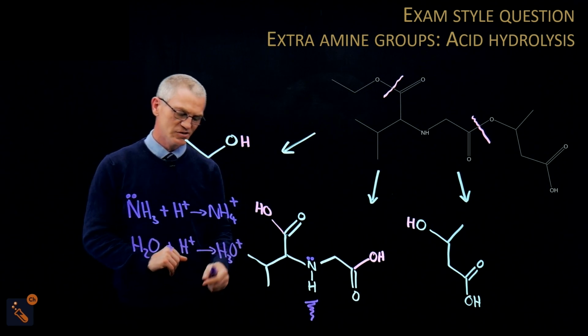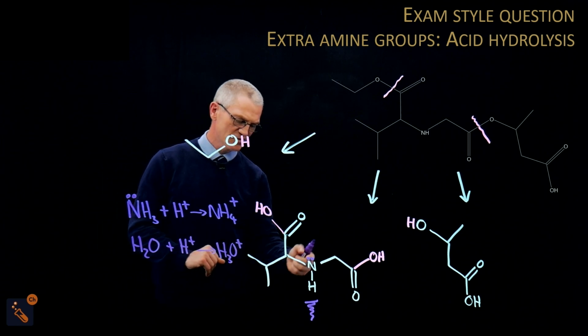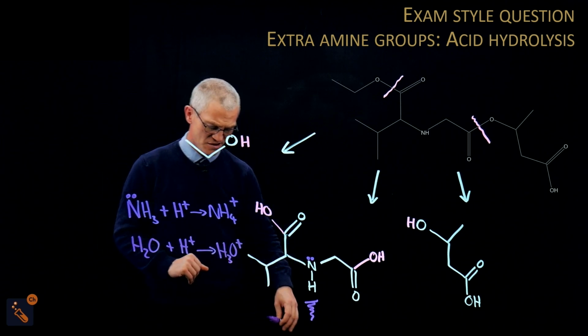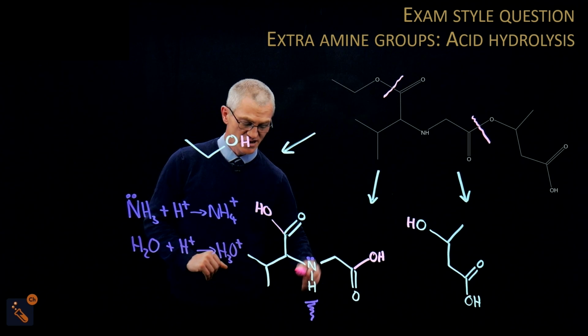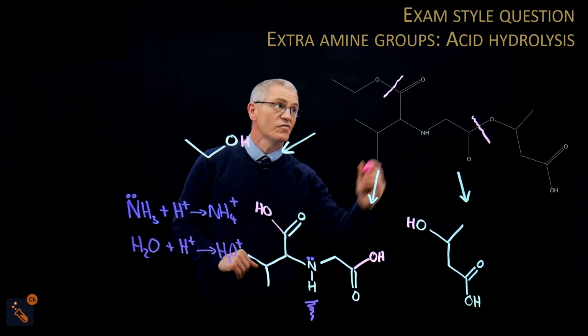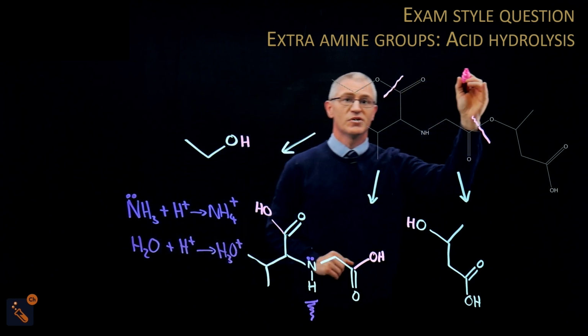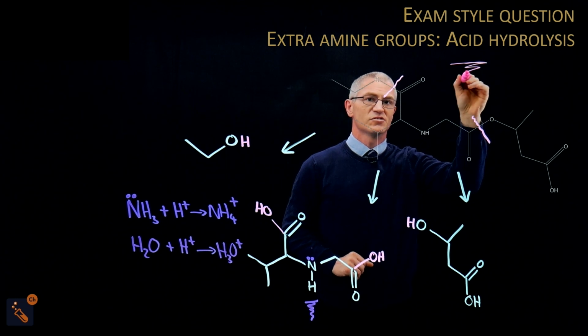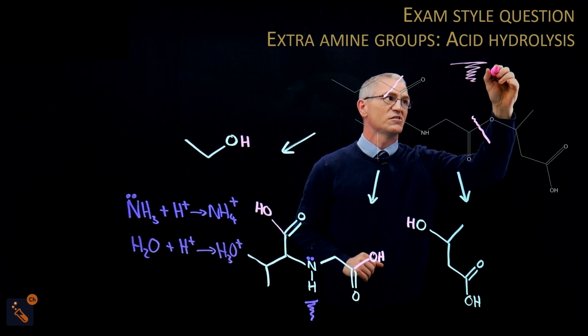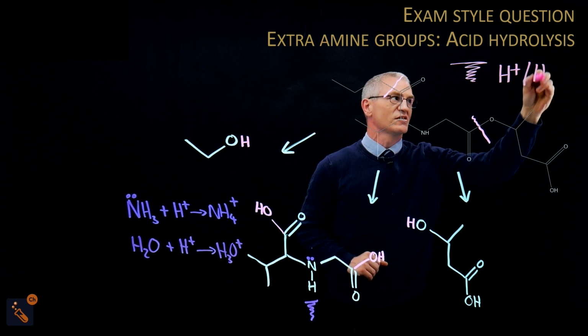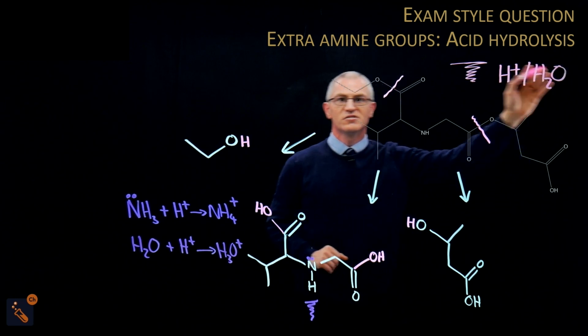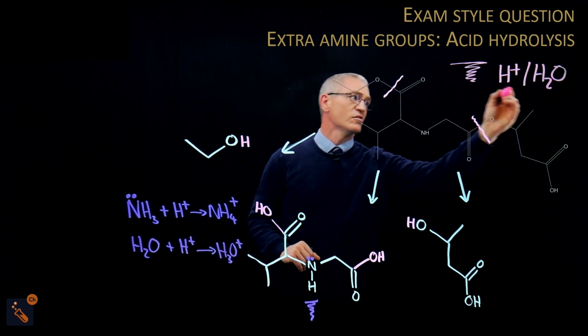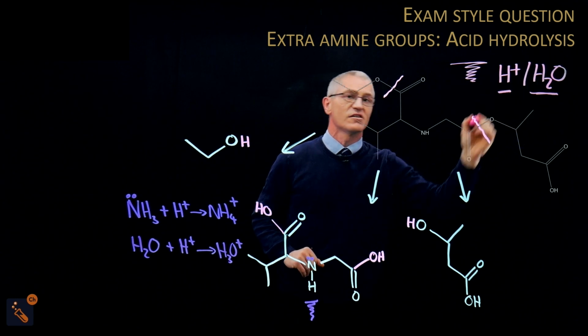So if you look at this point, we can say there's a lone pair of electrons right there. This H from the acid hydrolysis, so remember, we're doing acid hydrolysis. Acid means this is done with H+ / H2O. So we've added our H2O, and now we're going to add our H+.